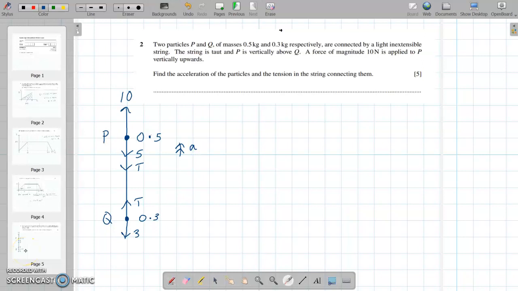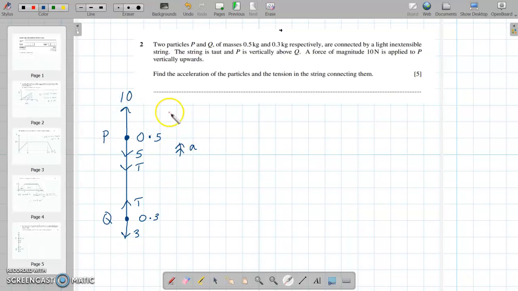Now we've got three choices here. We can consider the whole thing as a whole, in which case the T's will cancel out, or we can consider just P, or just Q, in which case the T will figure. The great thing about applying it to the whole system is the T's will cancel out.